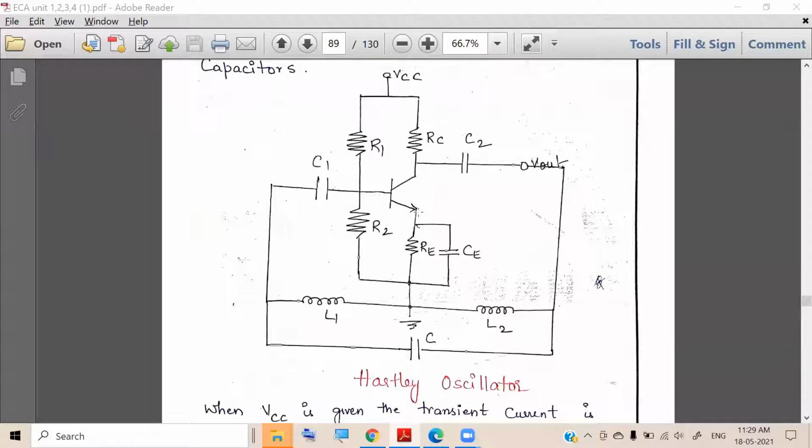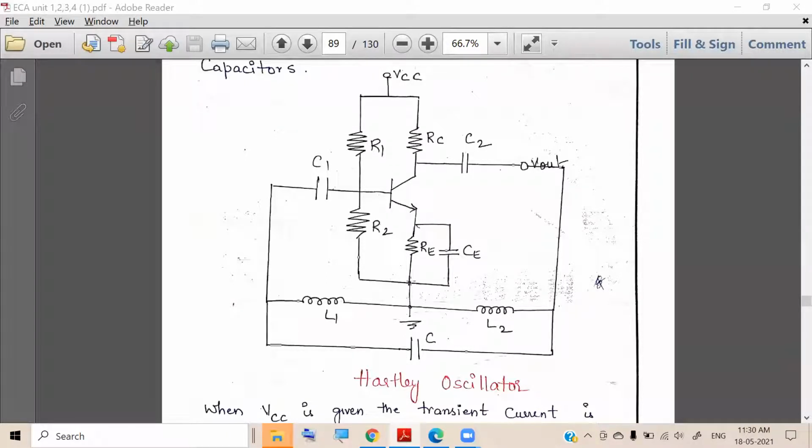Why is this a common emitter amplifier? The emitter is grounded for AC, since the capacitor acts as a short circuit. Hence, this is a common emitter amplifier. The same description is valid, which we have discussed in the first unit.